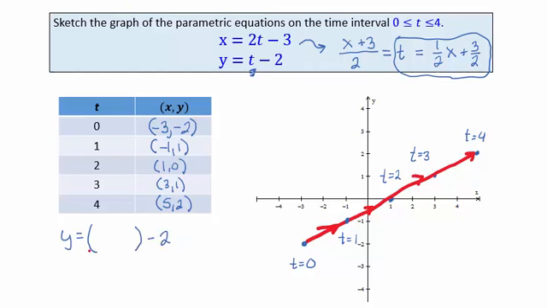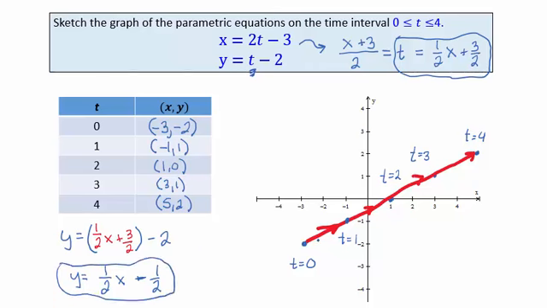And let's stick in there our 1/2 x plus 3/2 that we found. And then rewrite this expression as 1/2 x. The 3/2 minus 2 is minus 1/2. Notice that this is the same line that we found already. It's a line with slope 1/2 and y-intercept at negative 1/2.